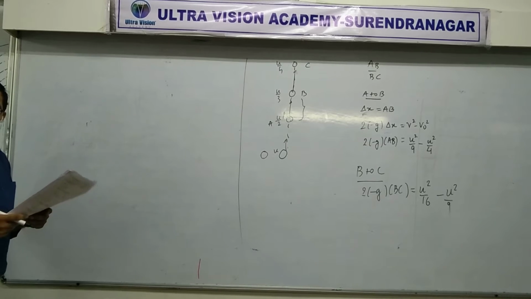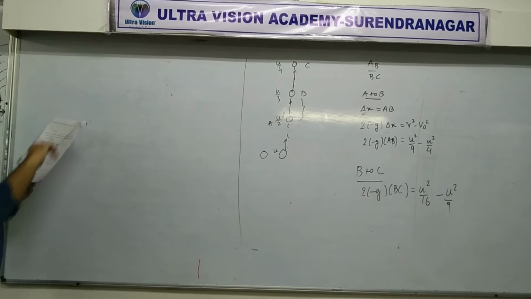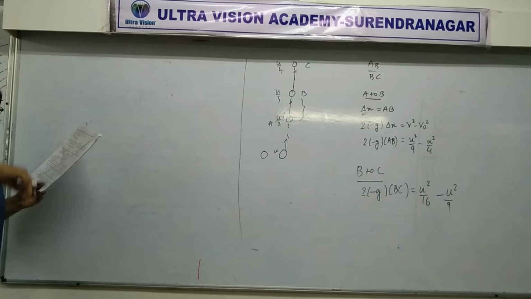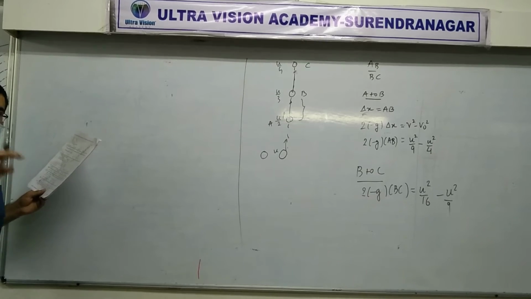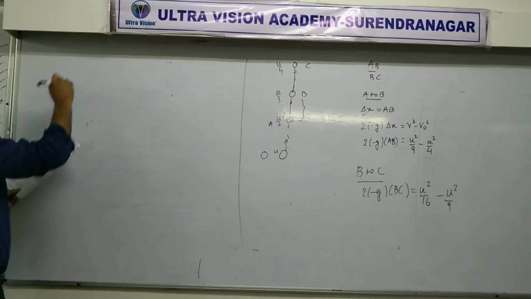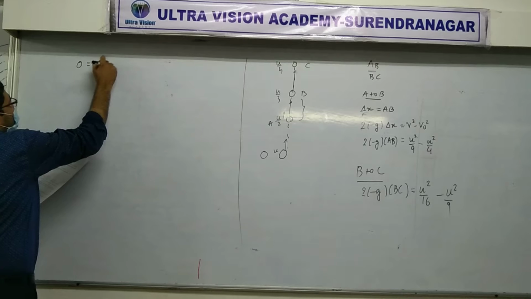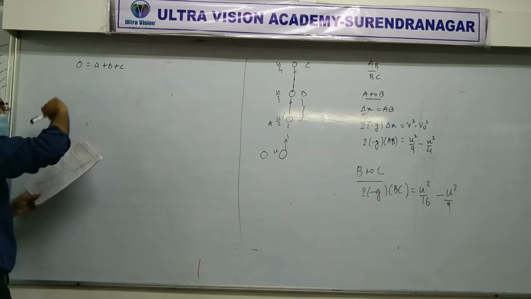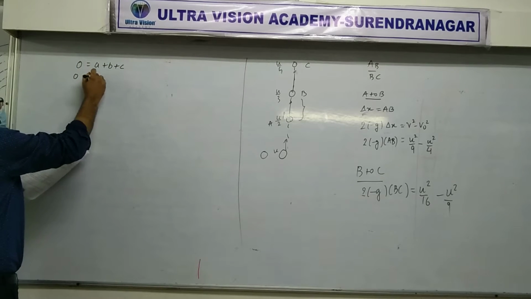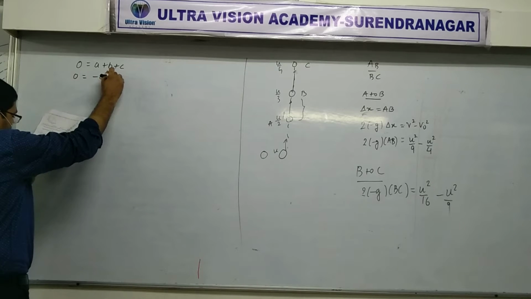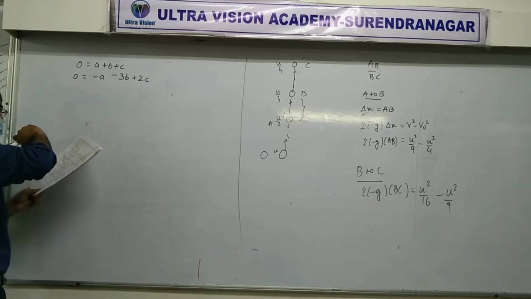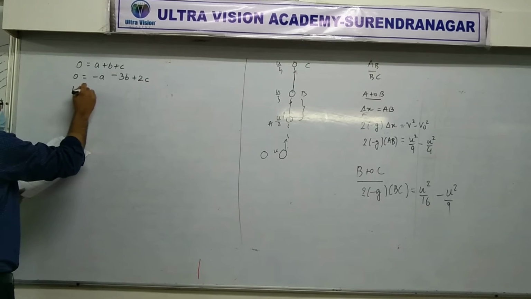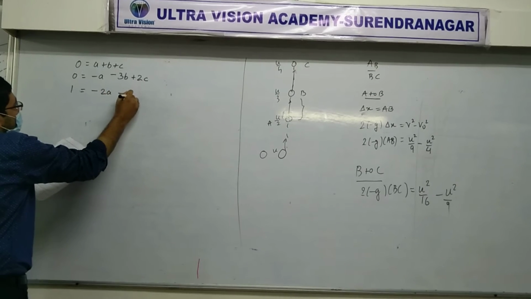What are the equations you get? n raised to minus 1, t raised to minus 2. Three equations are formed from comparing powers. 0 is equal to a plus b plus c. 0 is equal to minus a minus 3b plus 2c. 1 is equal to minus 2a minus 2c.